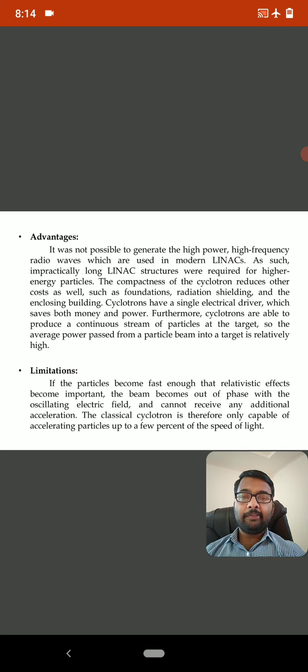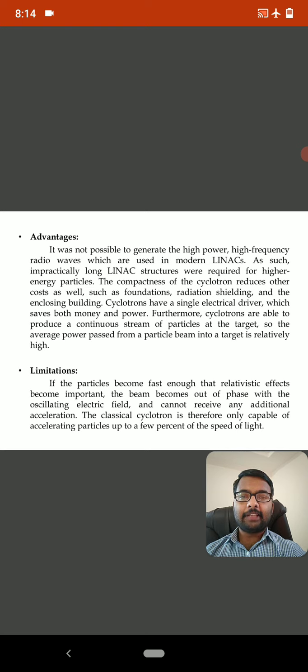If the velocity of the particle approaches the velocity of light, then that particle becomes out of phase. That's why we cannot increase the velocity of the particles further using this cyclotron accelerator.